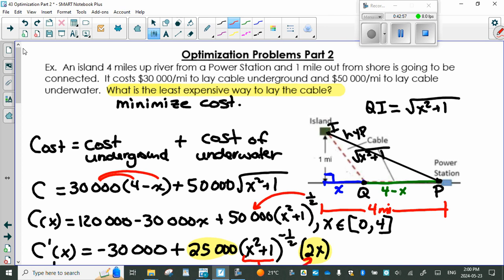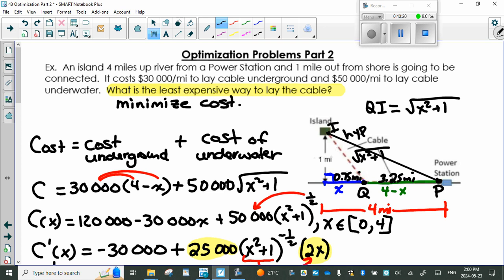Asha? So we know that this here, Asha, is 0.75 miles. Does everyone agree with that? That would be 3.25 miles underground? Good. So 4 minus 0.75 is going to give me 3.25 miles. That's going to be the underground part. Does that make sense to everybody?